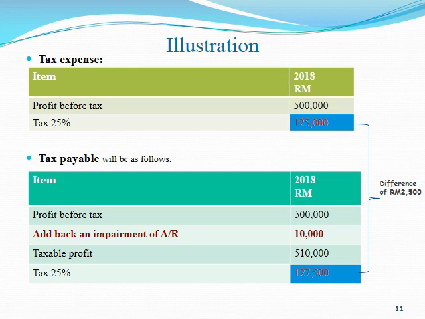So the revised taxable profit is equal to 510,000. Therefore, the tax payable will be a bit higher as compared to the tax expense, which is 127,500. The difference is 2,500.